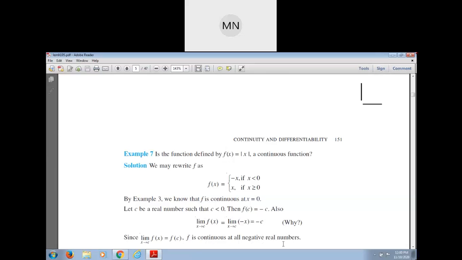So for the positive case, we have to consider c greater than 0. Okay, c greater than 0, because we consider c is a positive real number. If we consider c greater than 0, then f of c will be c.